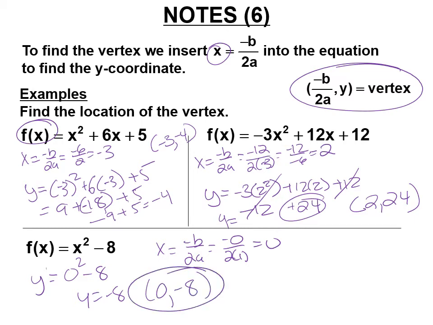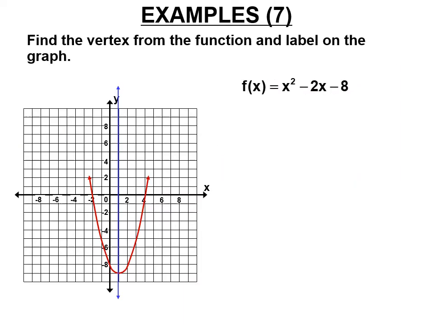When b is equal to 0, when there's no x term in the middle, the vertex is on the y-axis and it's symmetrical along the y-axis.